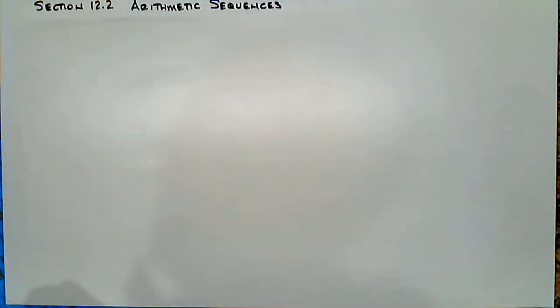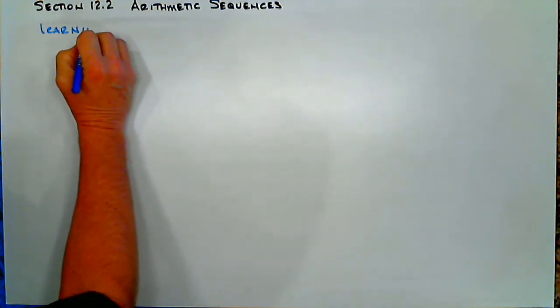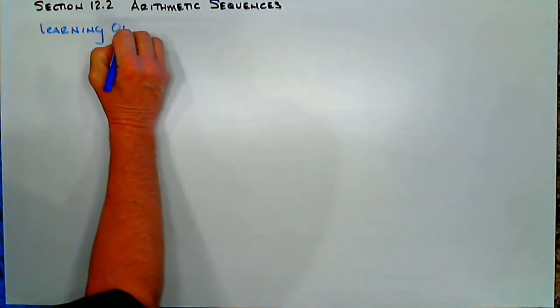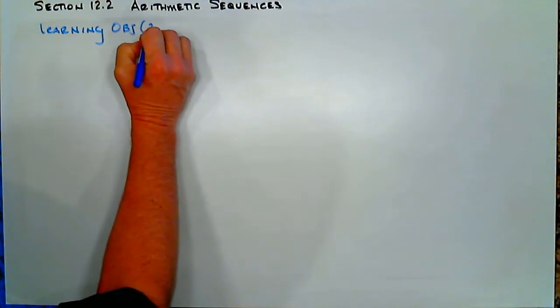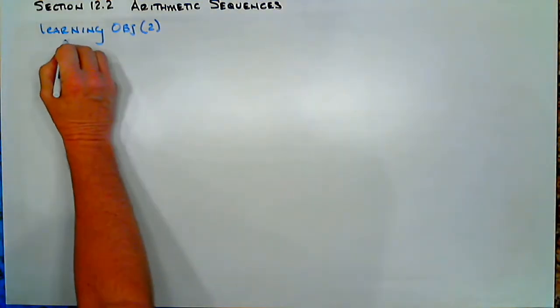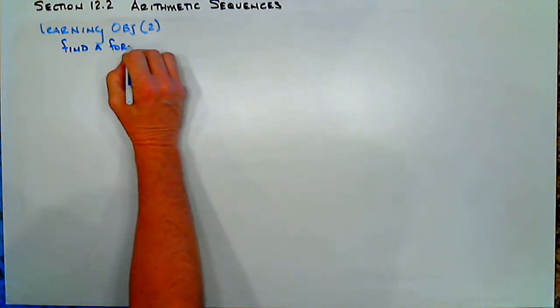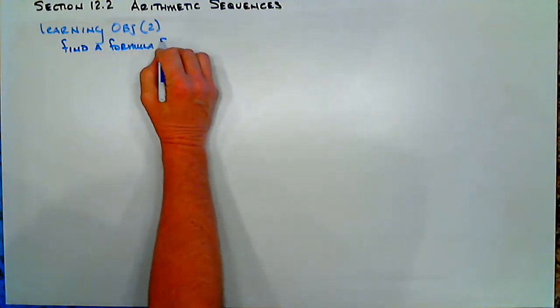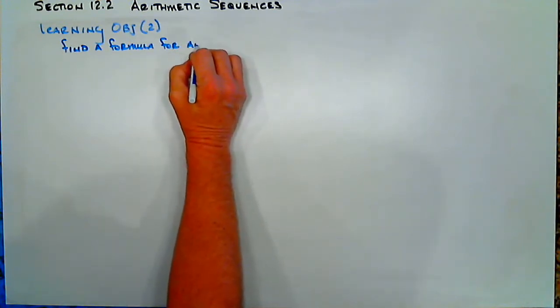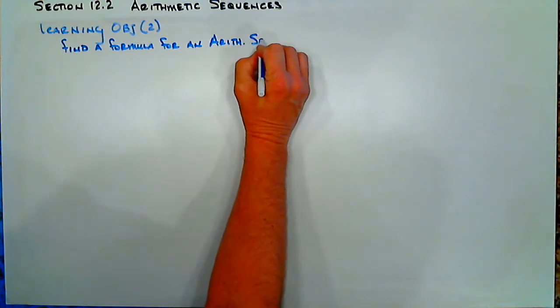Well, we're going to pick up learning objective number 2. Learning objective number 2 says we want to find a formula for an arithmetic sequence.